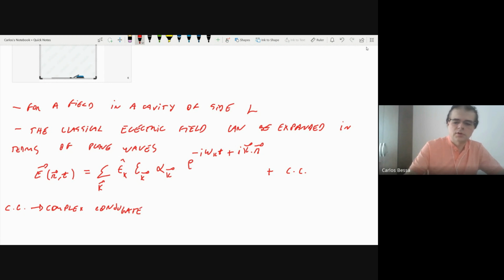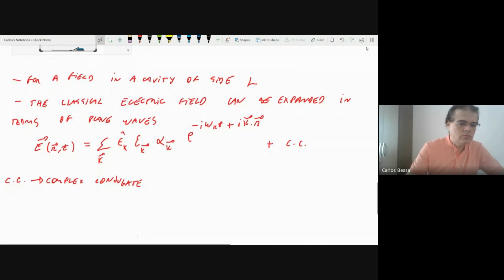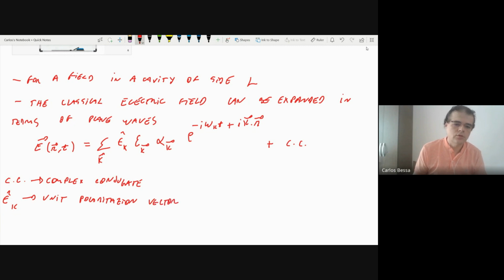This e_k here is just the unit polarization vector. This alpha_k here is just a dimensionless amplitude for this wave.